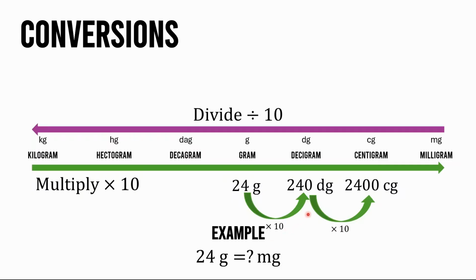Then one more step, multiplying by 10 again to get 2400 centigrams. Finally, multiplying by 10 one last time, we get 24,000 milligrams, which corresponds to our 24 grams converted to milligrams.